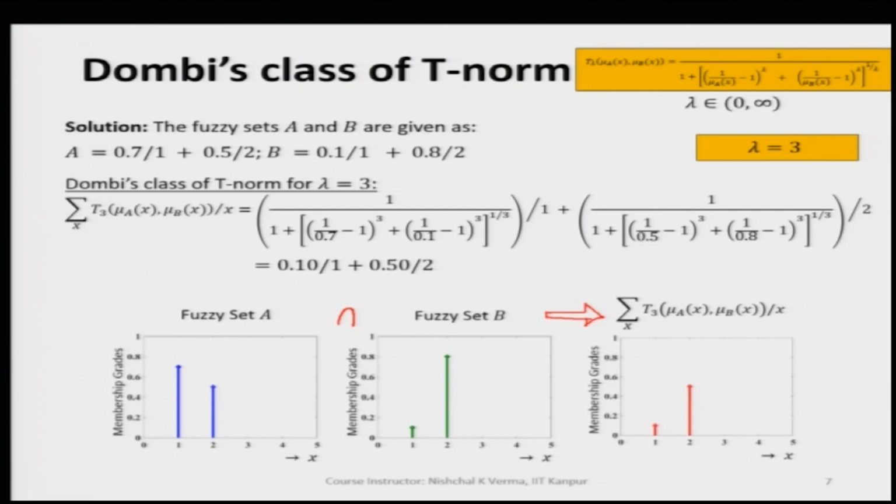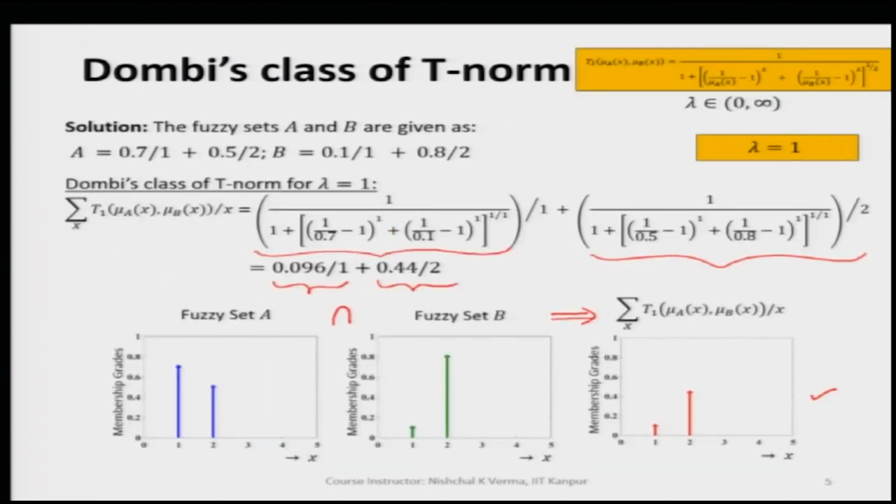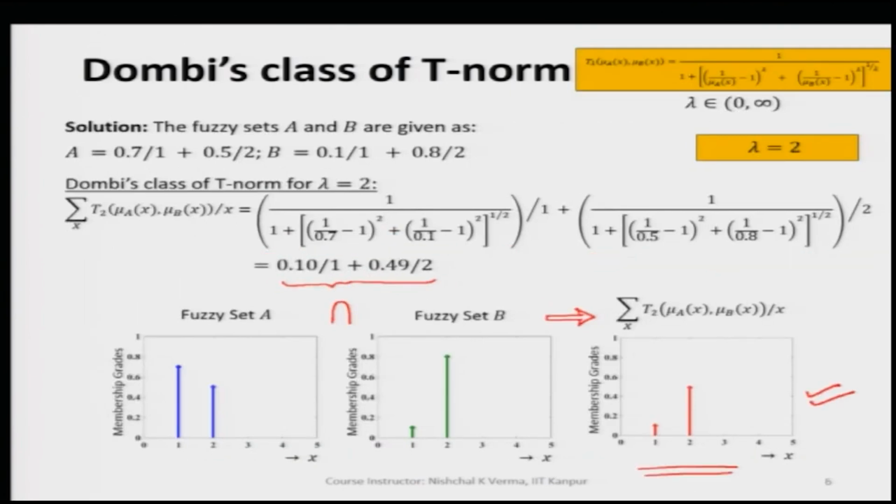If we look at all the results, for lambda equal to 1, lambda equal to 2, lambda equal to 3, we see that the membership values of the resultant fuzzy set increase as we increase the values of lambda. So, when we increase the value of lambda, the resultant membership value also increases.